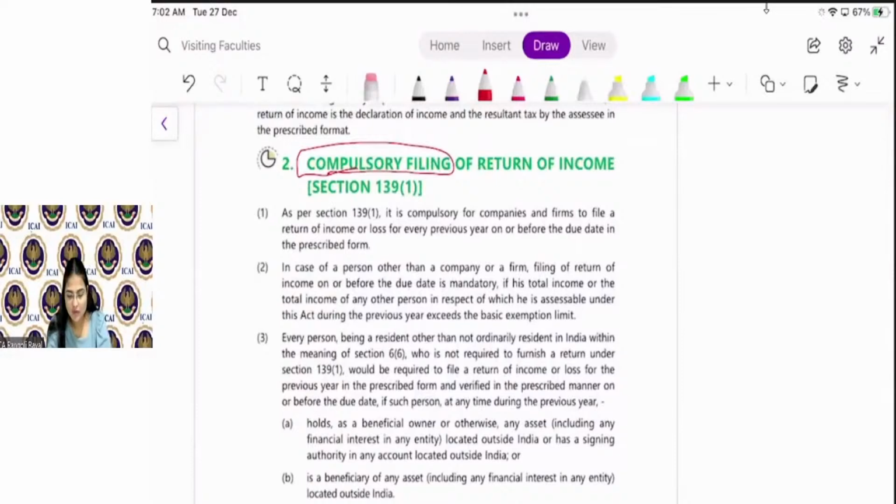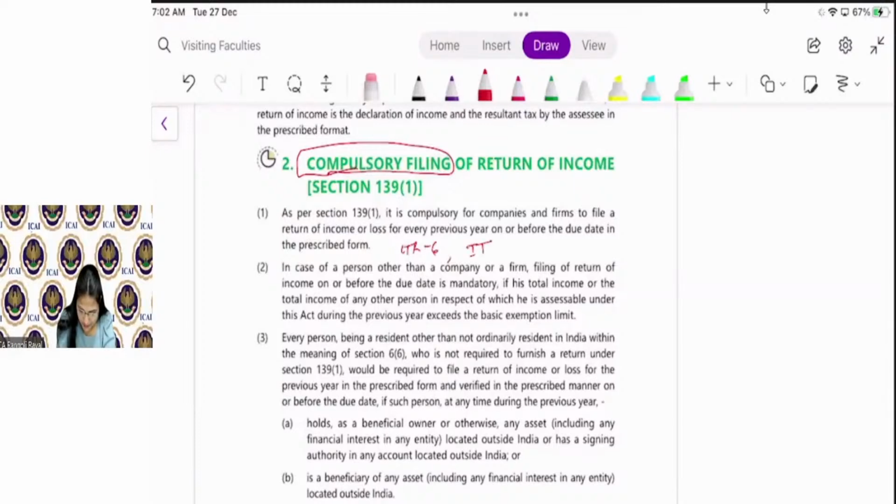Who are required to compulsorily file return of income? As per section 139 subsection 1, it is compulsory for companies and firms, including LLP as well, to file a return of income or loss for every previous year on or before the due date in the prescribed form. For a company, the prescribed form is ITR 6.